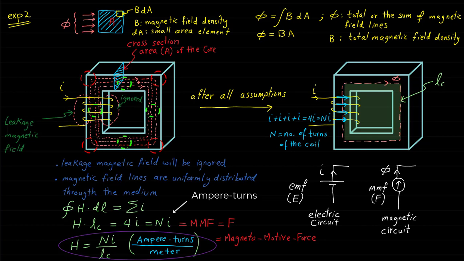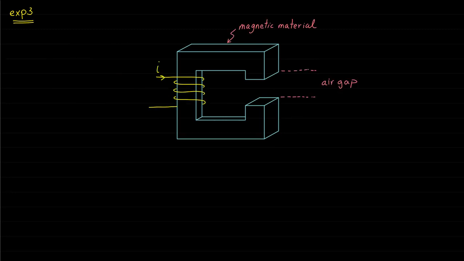Now let's apply Ampere's law to a magnetic circuit that has 2 mediums, magnetic material and air gap. Also, let's apply again the 2 assumptions mentioned before.